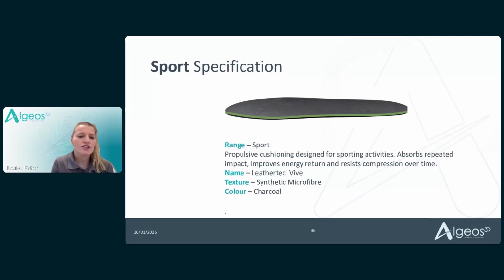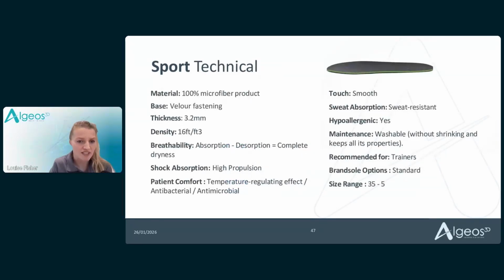The sports specification allows us to use the Pour-On Green Vive as a mid-layer, which gives us excellent cushioning, absorption and shock absorbing abilities for your sports applications. Full length cover, it's got a bottom layer which allows the hook and loop system with the X-Fix, and then it has a LeatherTech top cover, which is a breathable material, sweat resistant.